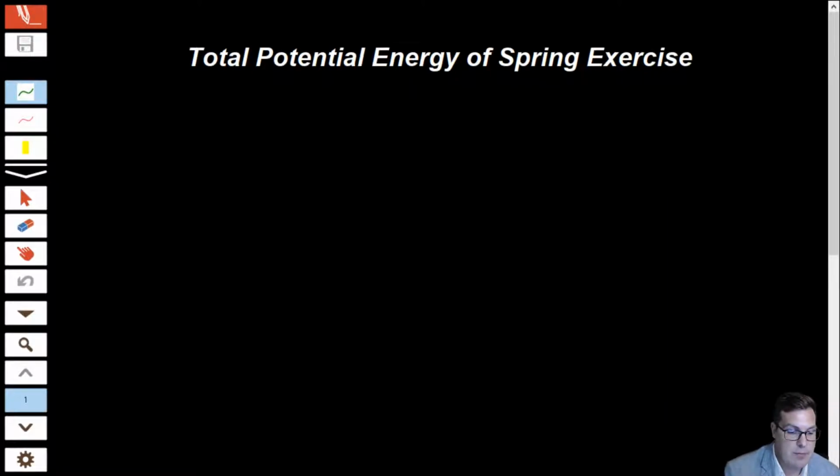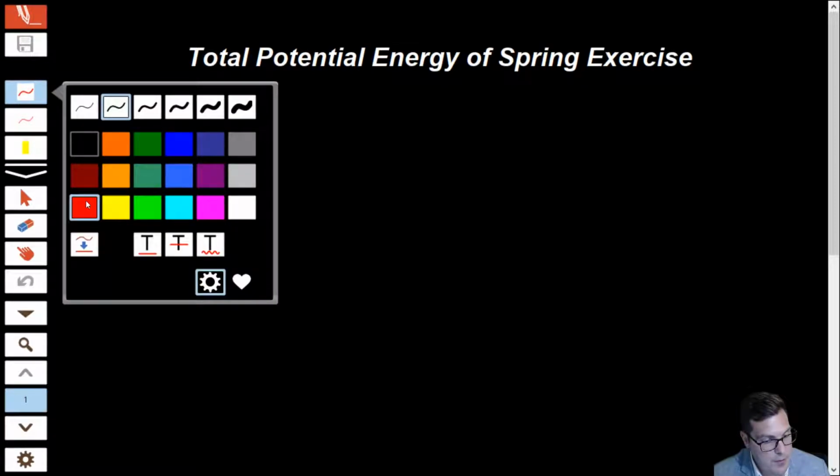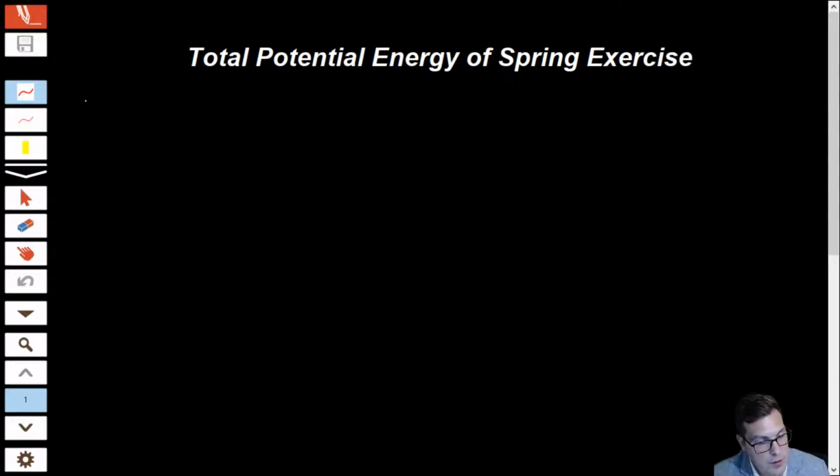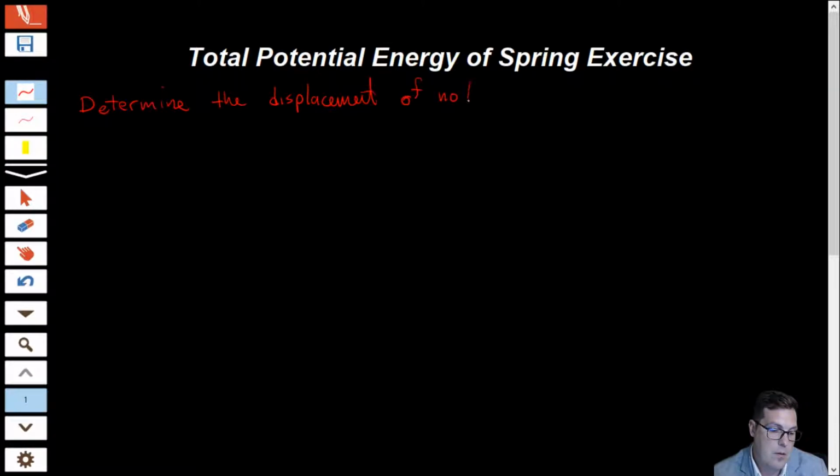So here we're going to do an example, total potential energy of a spring. In this example, we're going to determine the displacement of node 2.